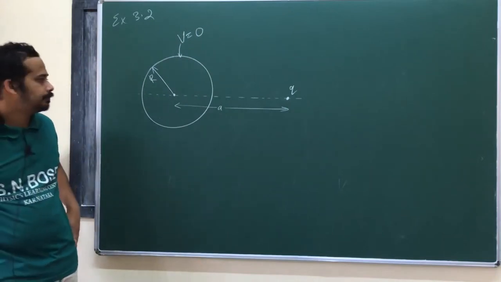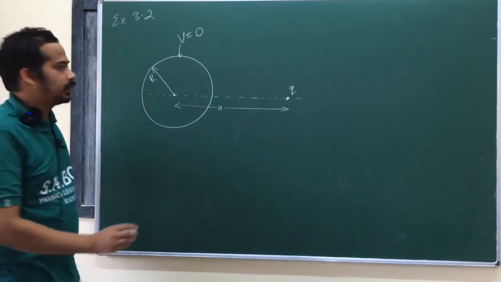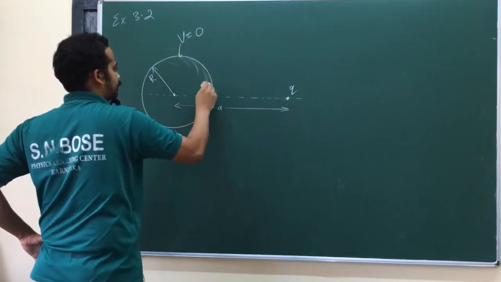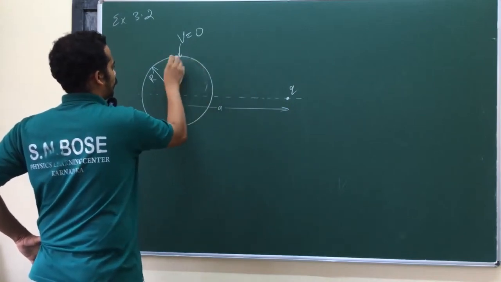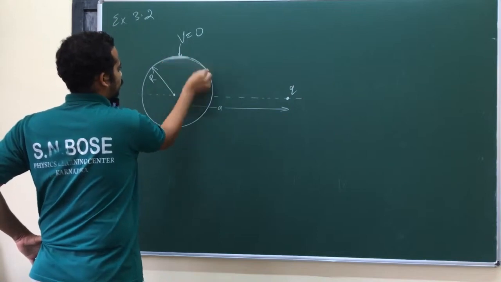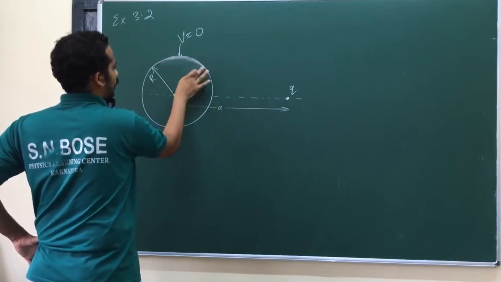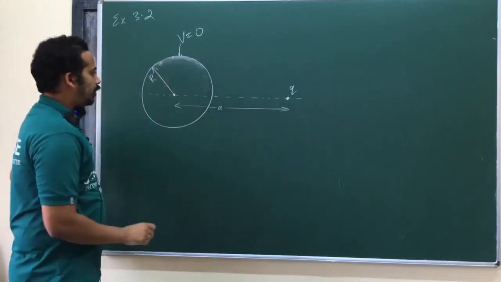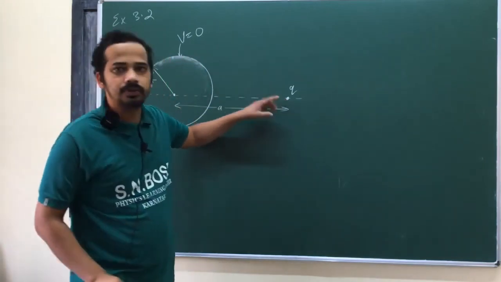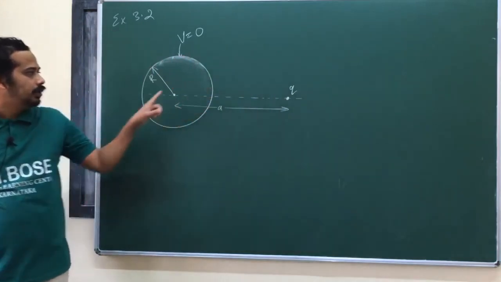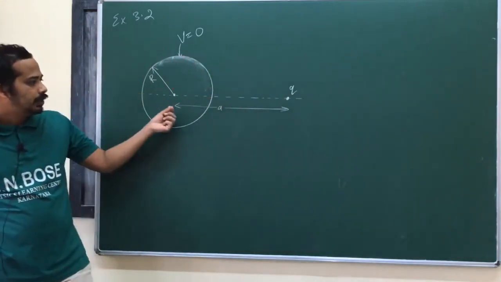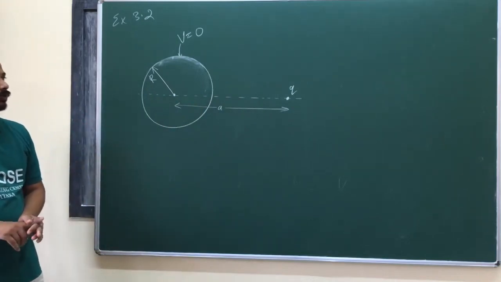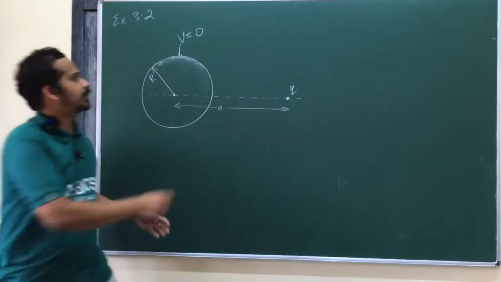Is that clear? You have a grounded spherical conductor of radius R, and you have placed the charge Q at a distance A from its center. Because now we need to find the potential at any point here.